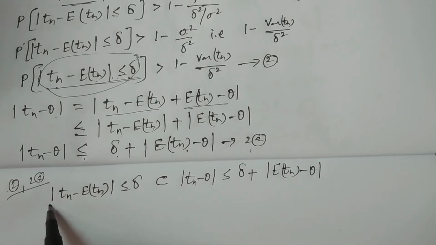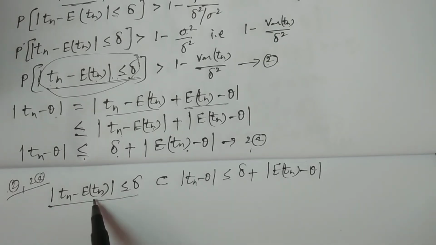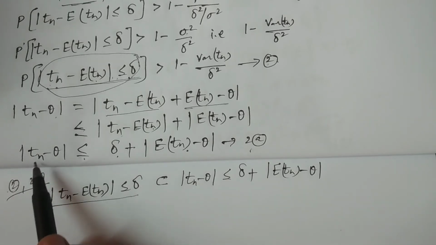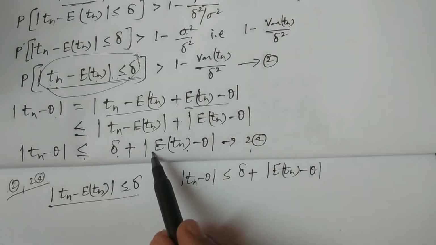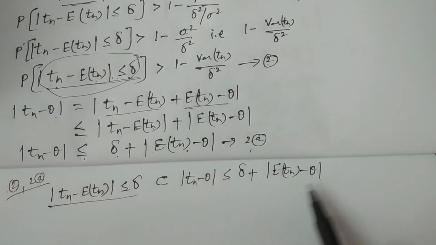You see, this is one certain result: |Tn − E(Tn)| ≤ delta is always contained in |Tn − theta| ≤ delta + |E(Tn) − theta|. So I am considering probabilities.